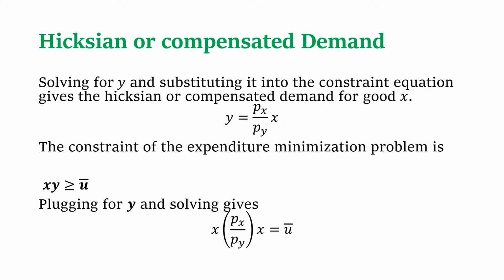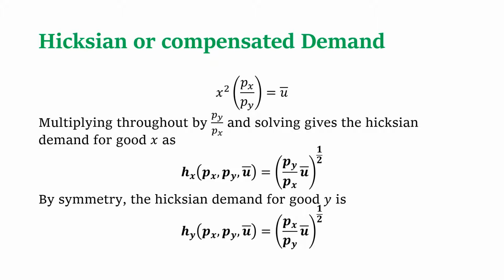We take this px over py times x. We're going to get x times px over py multiplied by x, and this equals u bar. And x times x is x squared. We're going to have x squared px over py equals u bar, right?